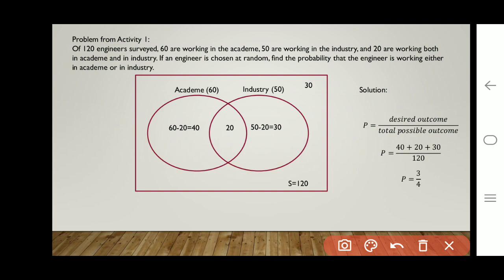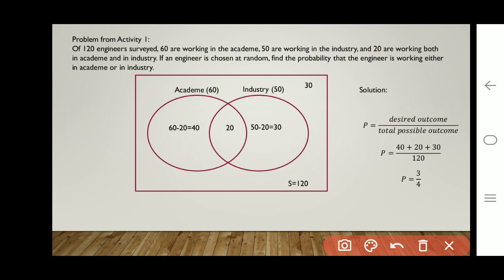Ano bang ibig sabihin ng working either in academe or industry? Pwedeng sa academe, pwedeng sa industry, or pwede both.